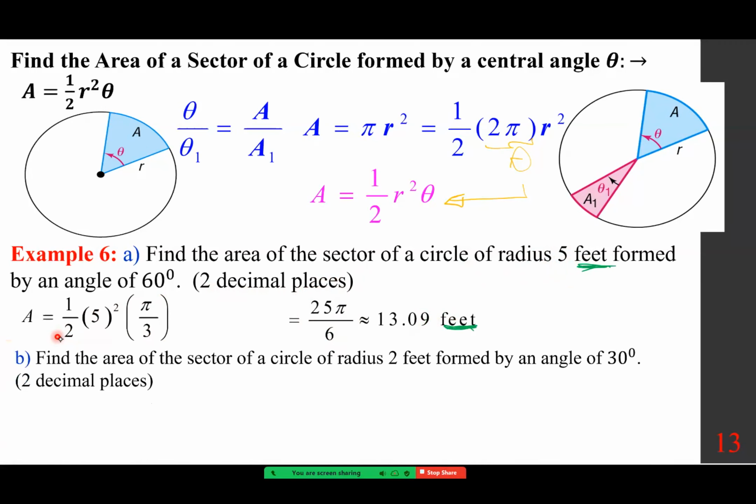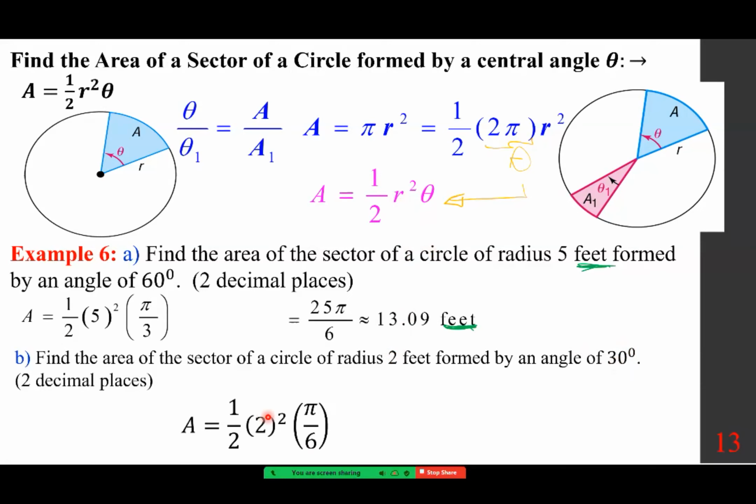Find the area of a sector of a circle of radius 2 feet formed by an angle of 30 degrees. Again, we need to have this in radians. It's one of those common arcs everybody knows is pi over 6. We should know that. Half of r squared, half of 2 squared times pi over 6.